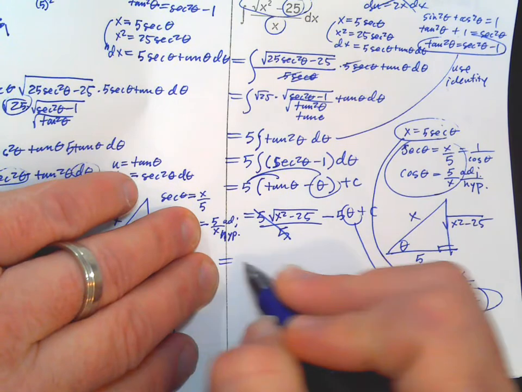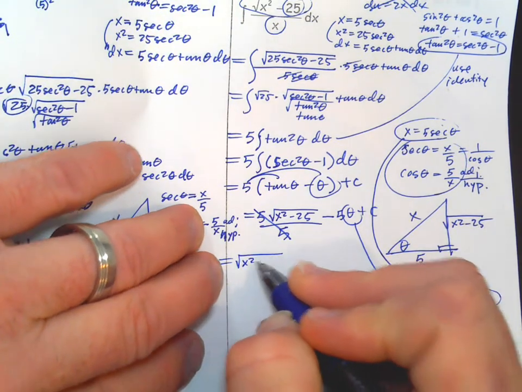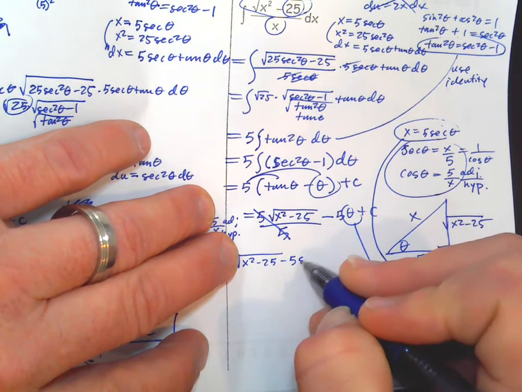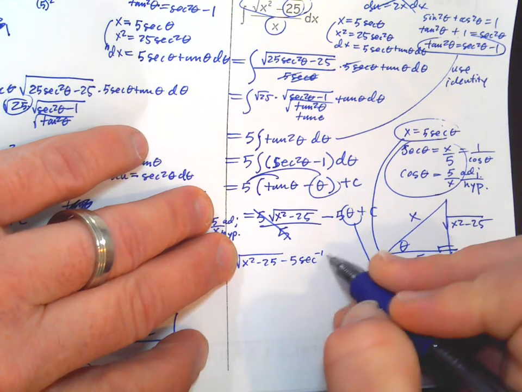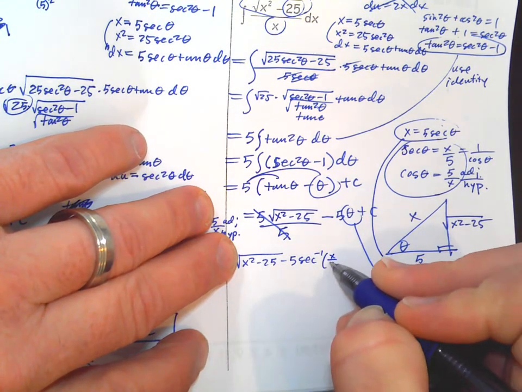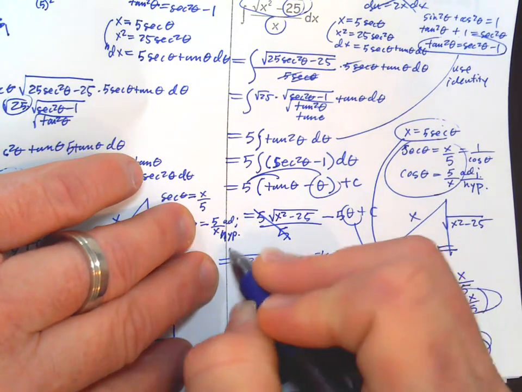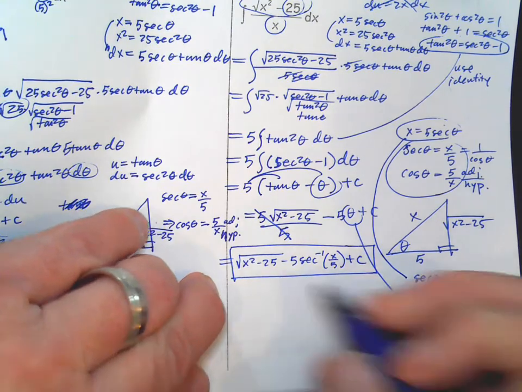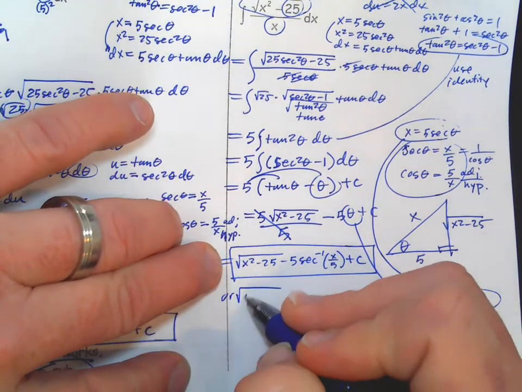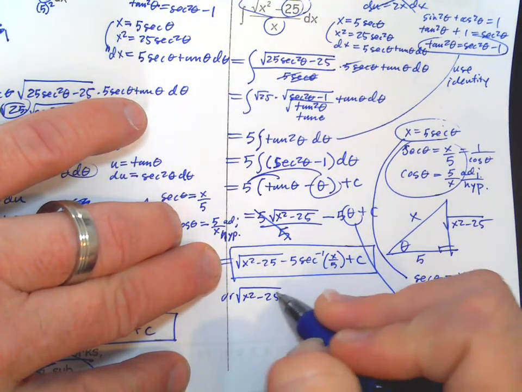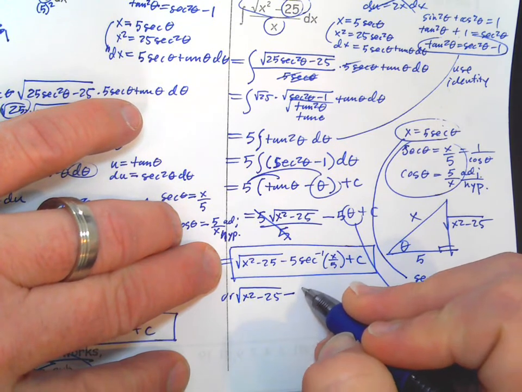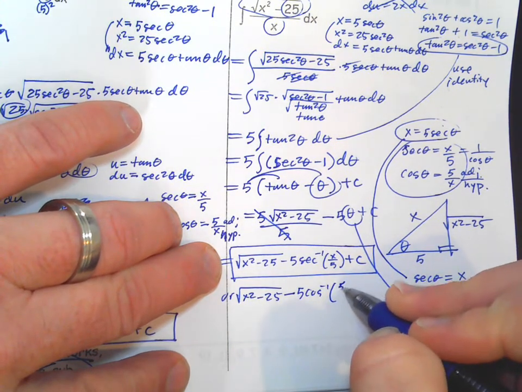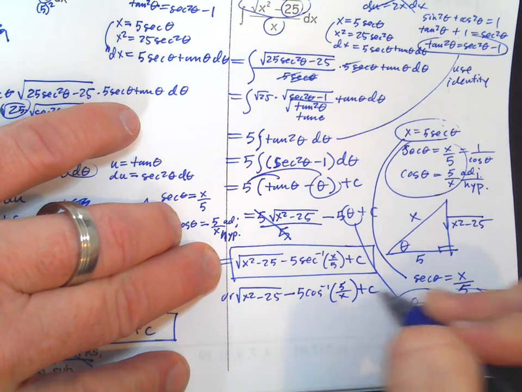So our final answer is going to be the square root of x squared minus 25 minus 5 inverse secant of x over 5 plus c. Don't forget the plus c. Or, like I said, you could do it the other way: the square root of x squared minus 25 minus 5 inverse cosine of 5 over x plus c.